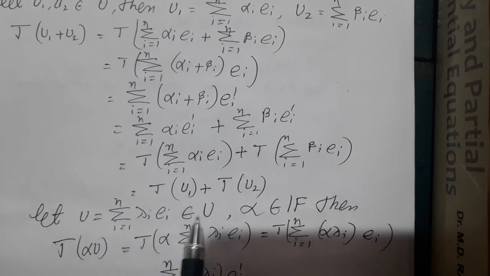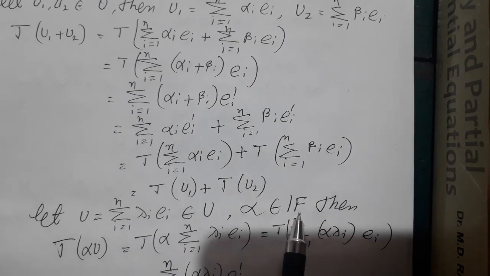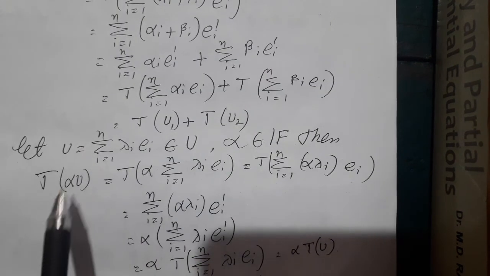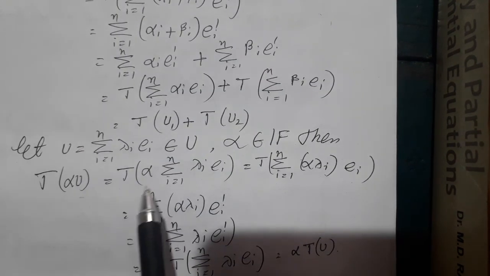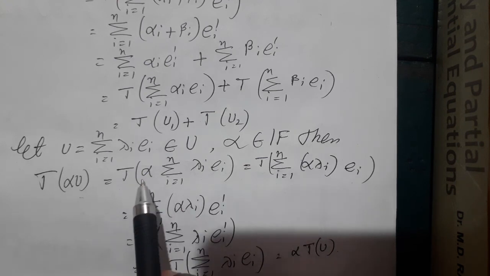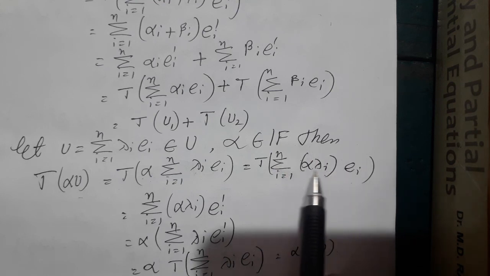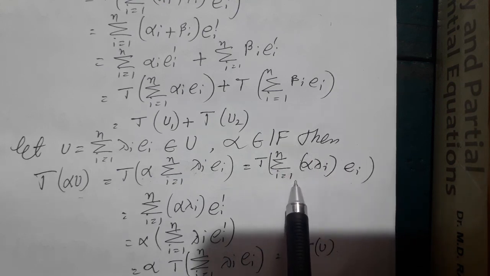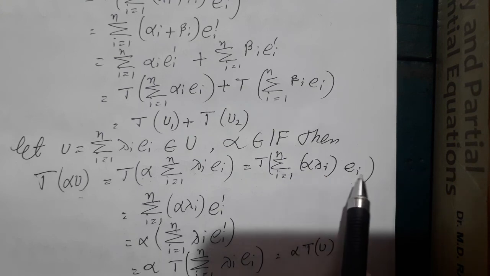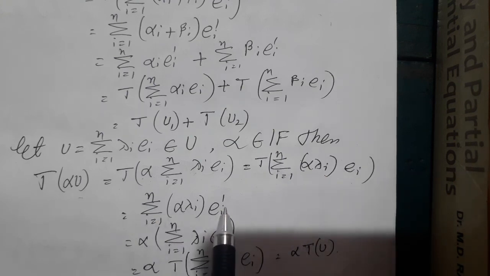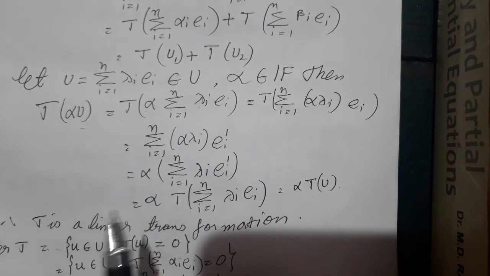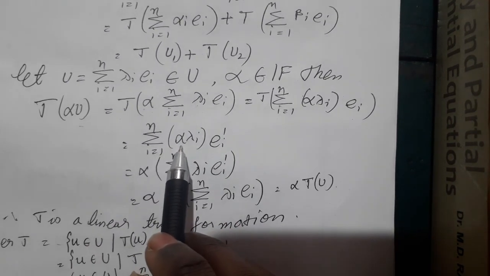I take one element in U, and I take one scalar alpha in the field. Then we have T of alpha u equal to T of alpha times the summation, so we get alpha lambda i. Then I apply the definition of T. So this is sent to summation i equal to 1 to n of alpha lambda i e_i dash. Alpha is a scalar, it will come out.